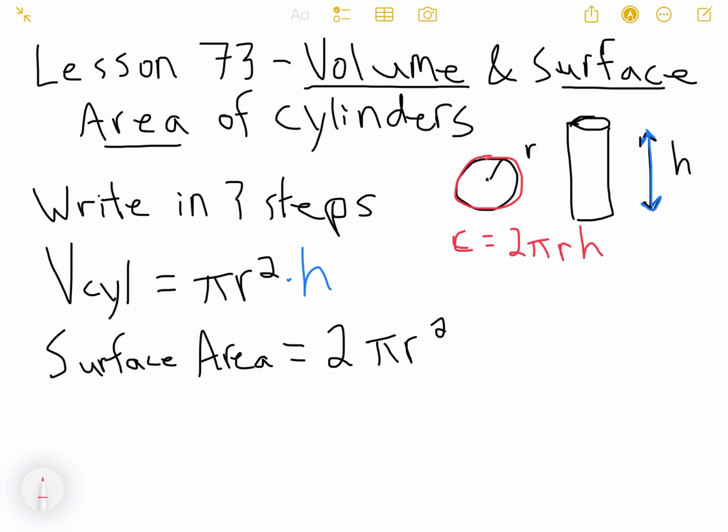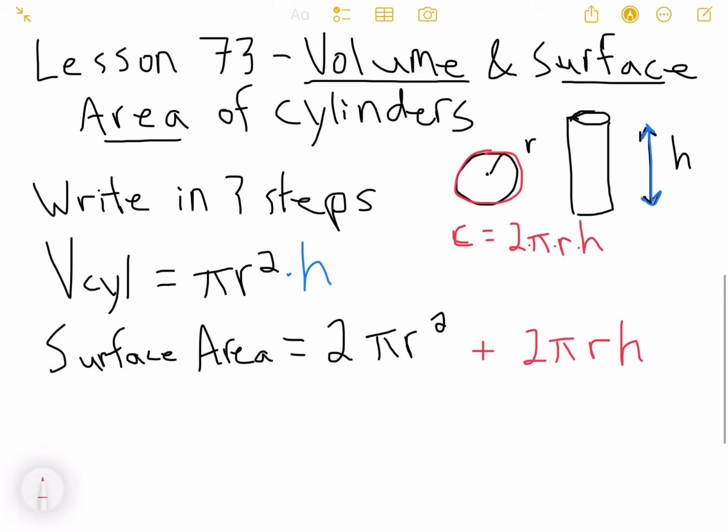It's a multiplication symbol each time I do this. So when I am going to find the surface area, I just say 2 pi r squared plus 2 pi r h. That's it.